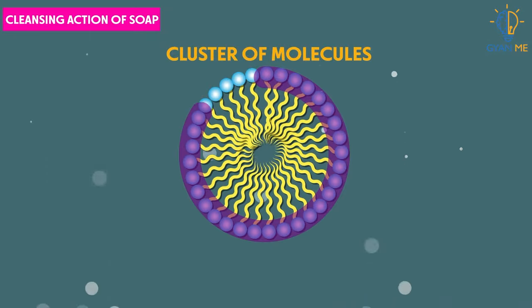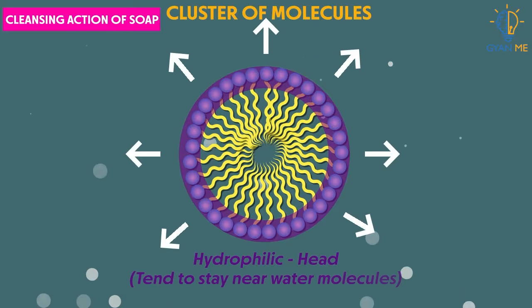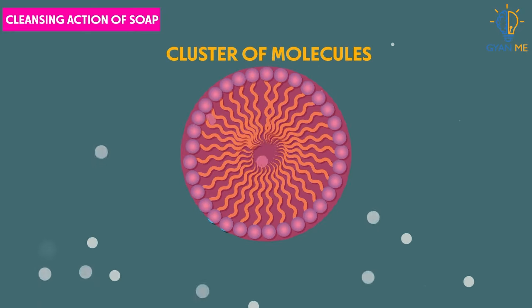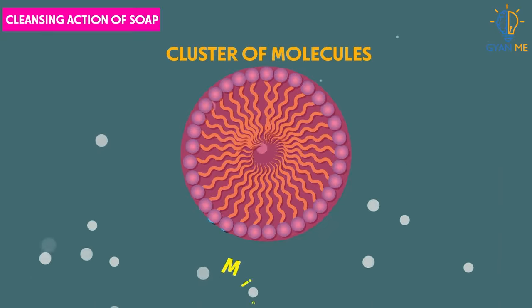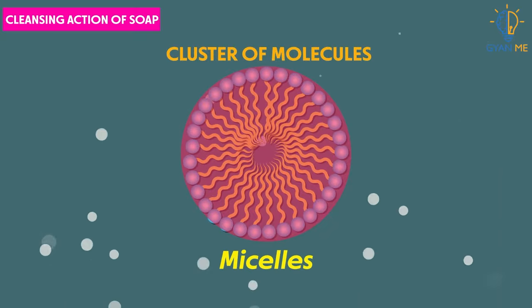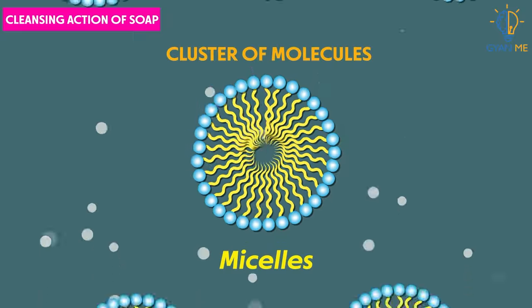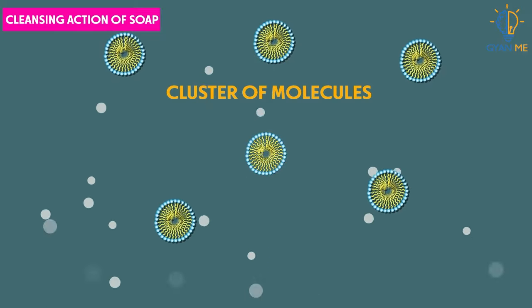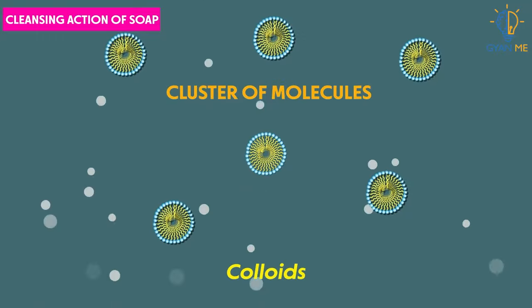In contrast, as the heads are hydrophilic, they tend to stay near the water molecules, facing outwards. They form a ring-like structure, as you can see here. This type of cluster has a specific name. Yes, micelles. Now technically this micelle is not soluble in water and remains suspended as colloids in the solution.